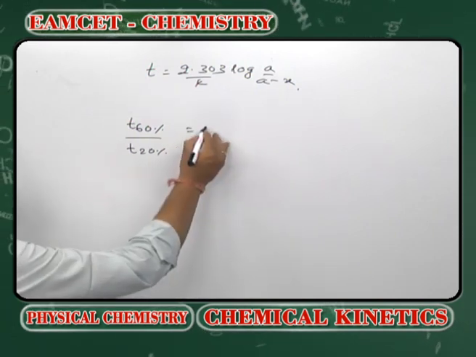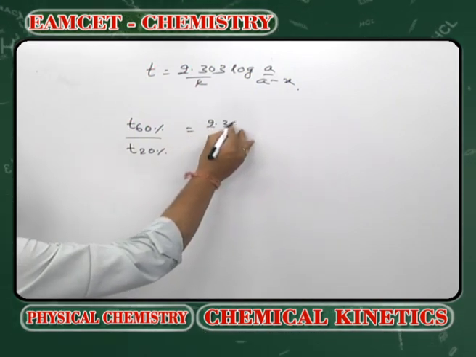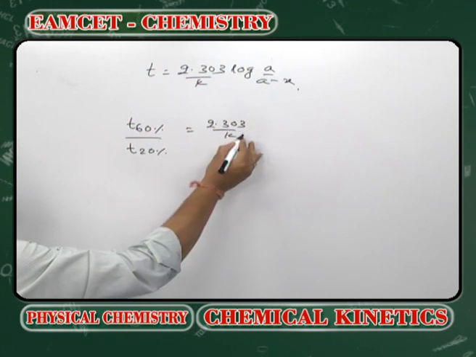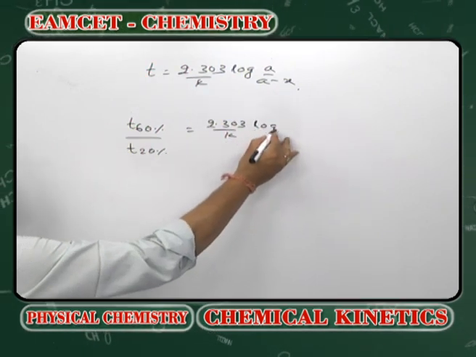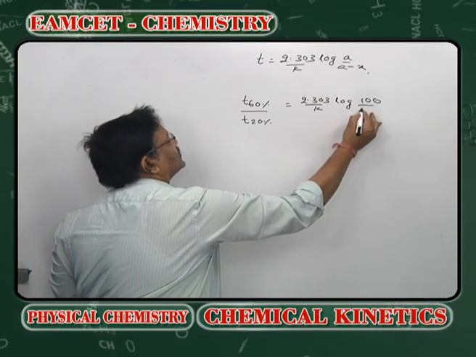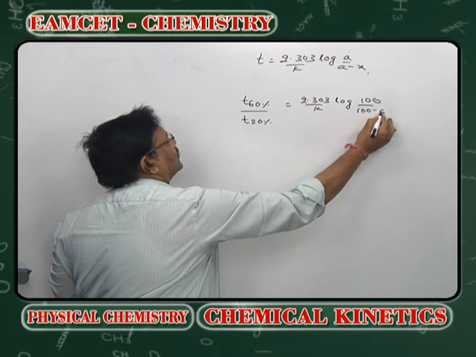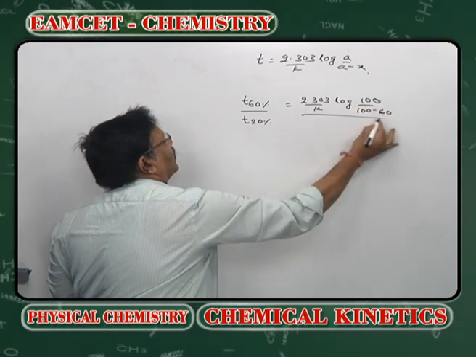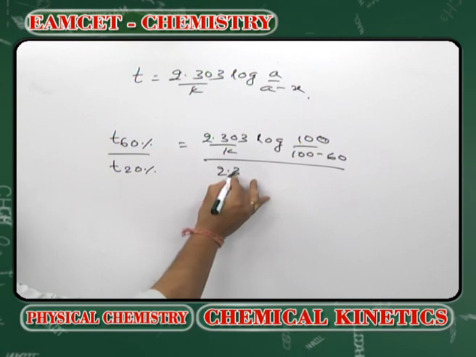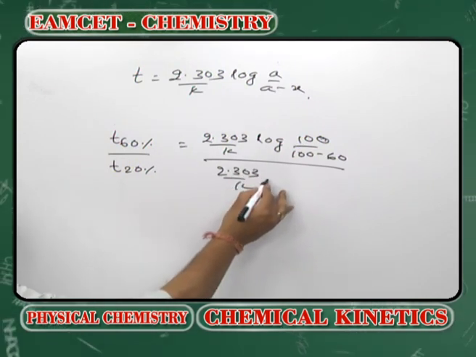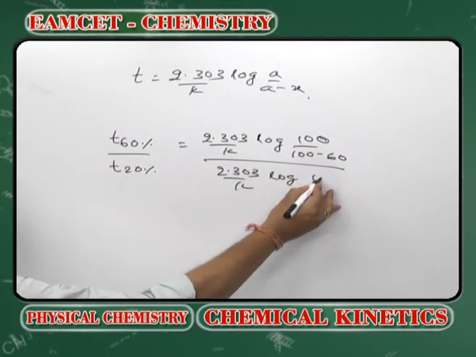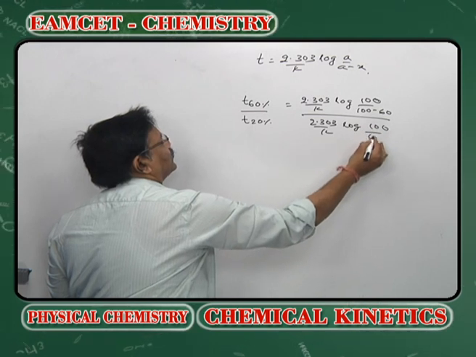Now 2.303 by k log 100 by 100 minus 60, by 2.303 by k log 100 by 100 minus 20.